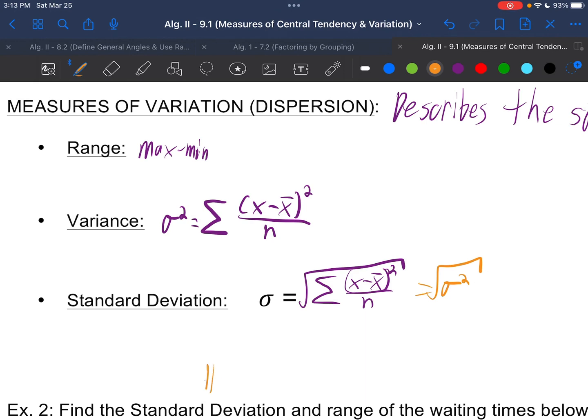And this tells you once again how far data is spread out.